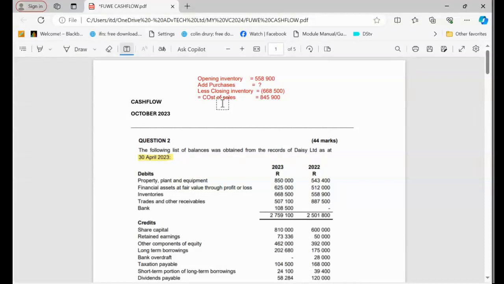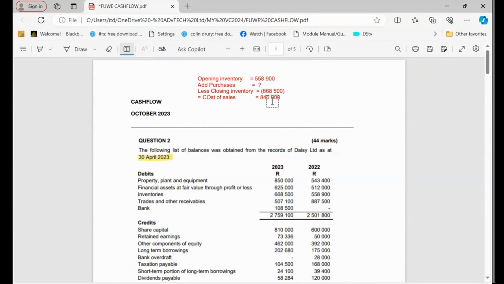But to find that missing figure, when we start from the bottom, we do the opposite. We're going to say 845,900 plus what? Plus 668, minus what? Remember, I'm trying to find the missing one.